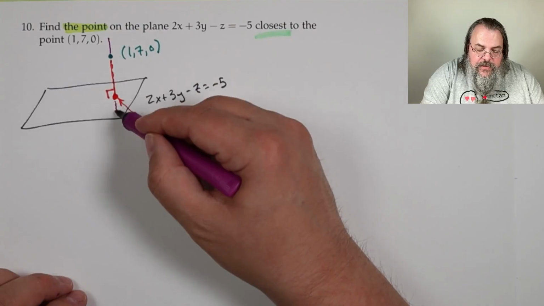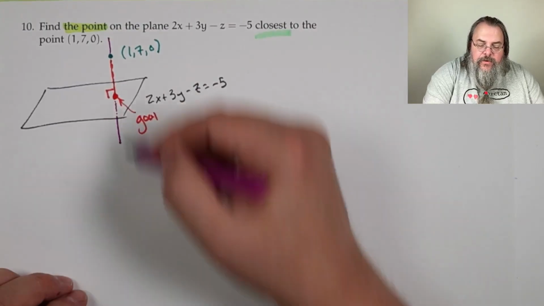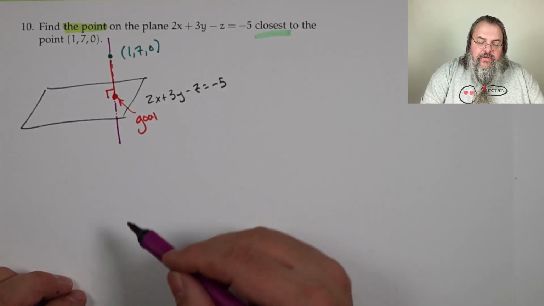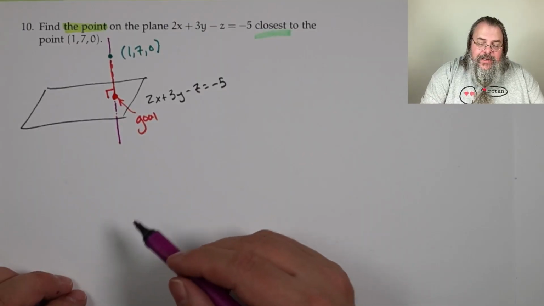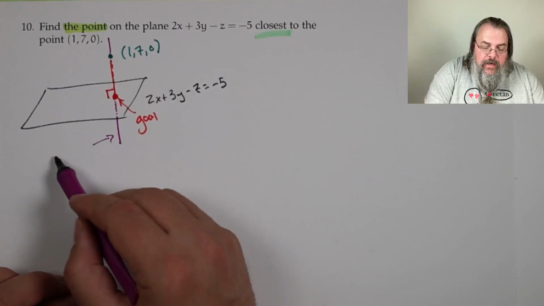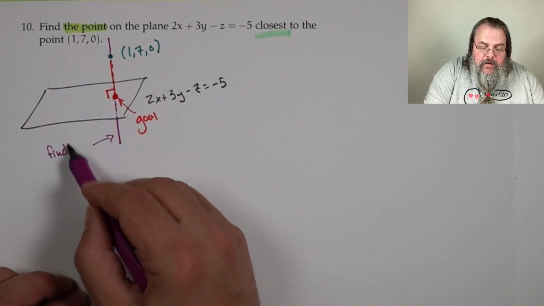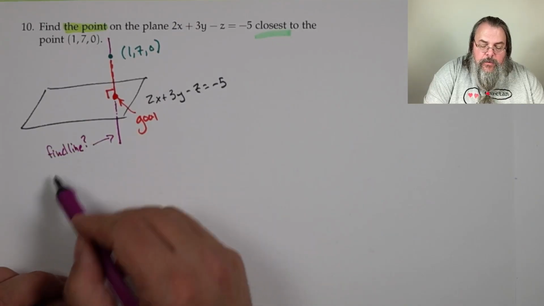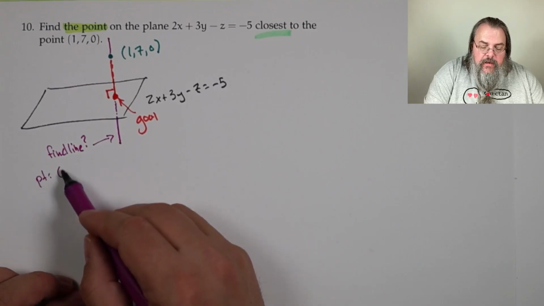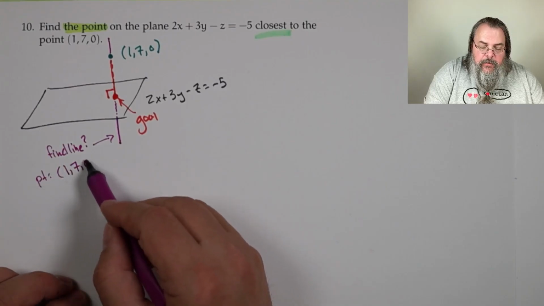We should just never stop, right? We could extend that. So, idea, can we find this line? Well, what would we need? We need a point. Well, that's okay. We can do that because it has to have that point (1, 7, 0).